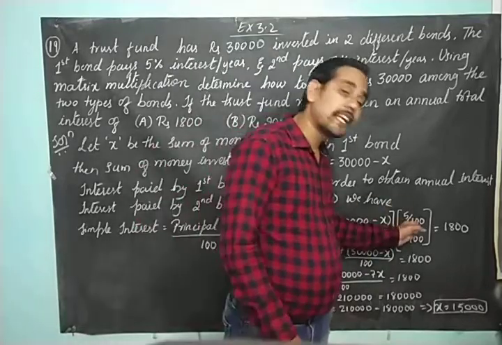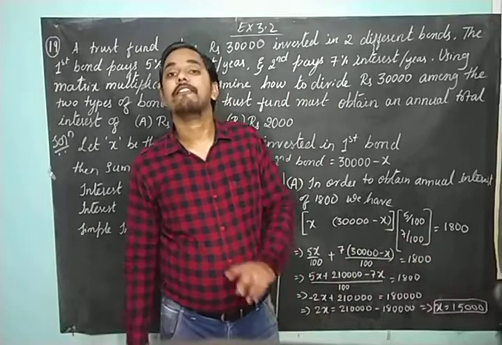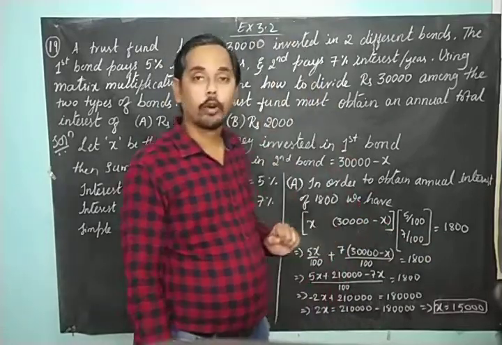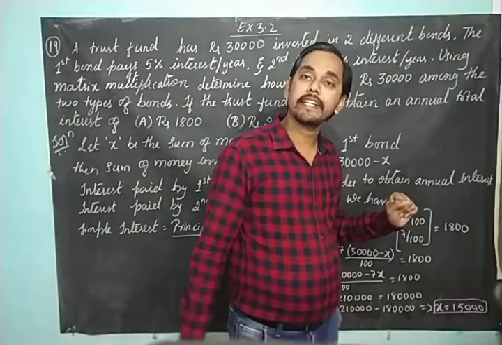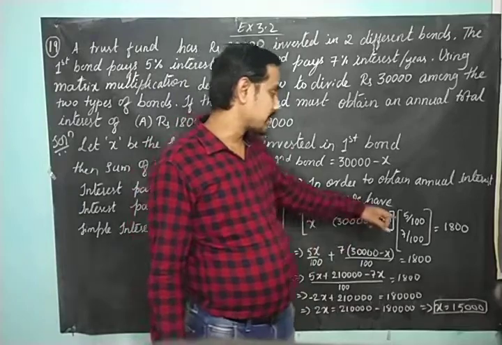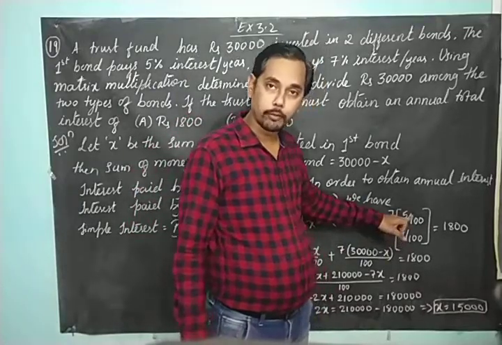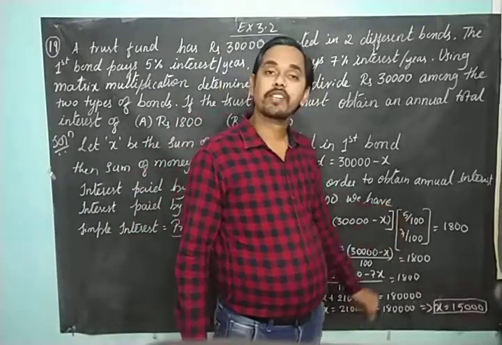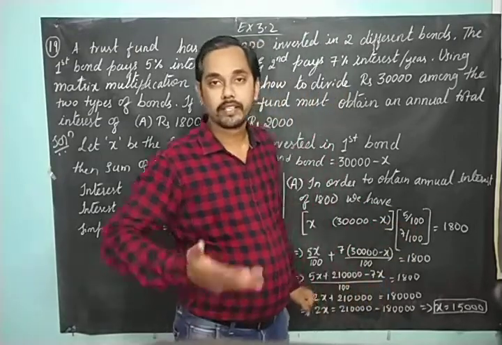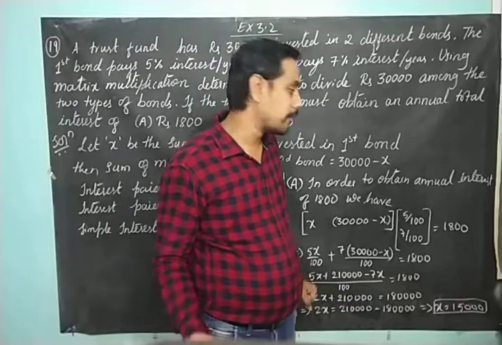And the second matrix is a column matrix which will indicate the interest paid by the bonds. So what is the interest paid by the first bond? 5%, right? Percentage we always know is divided by 100. If it is 5%, then the value will be 5 divided by 100.